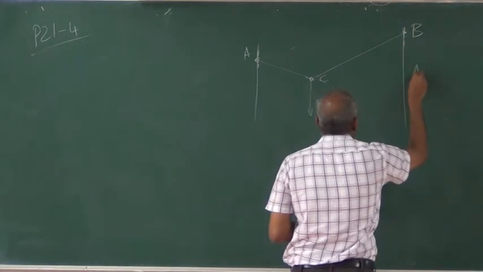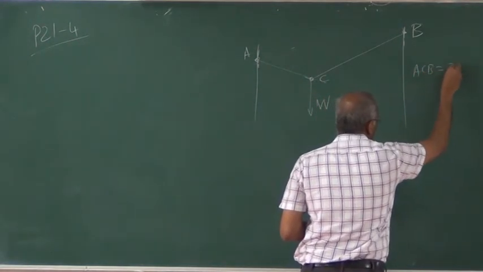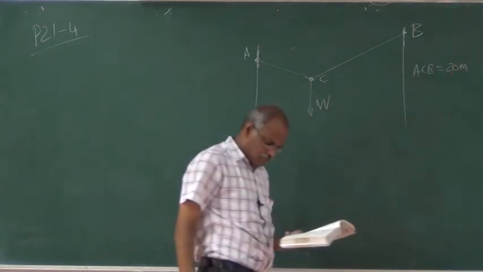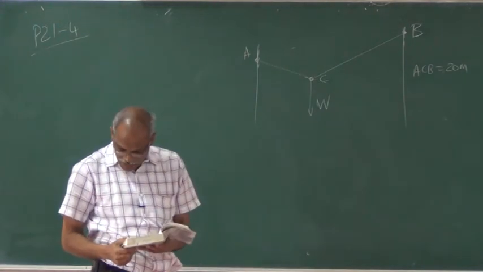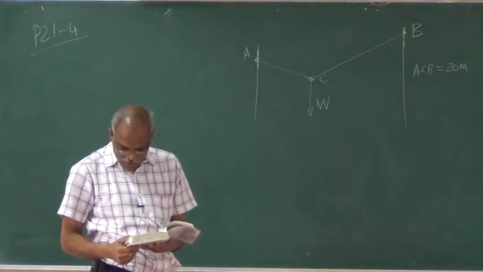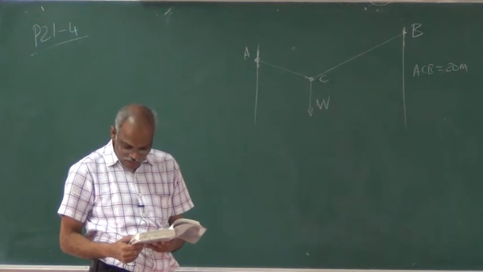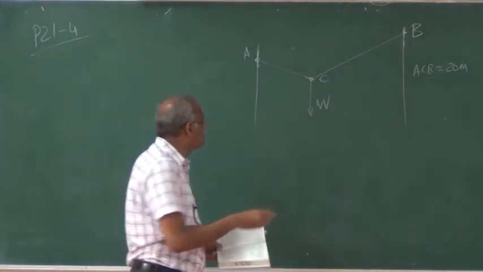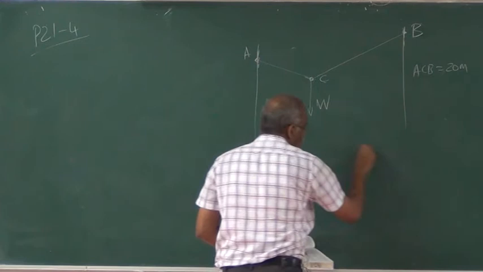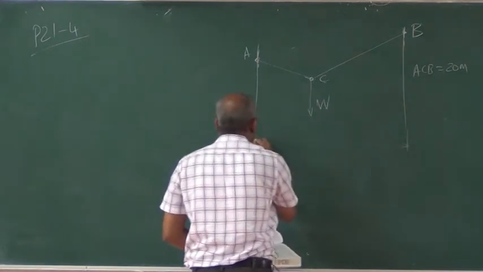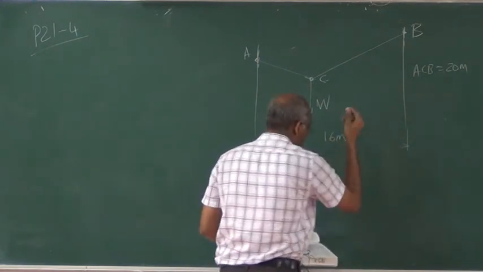So the length of ACB is 20 meters long, is attached at points A and B to the vertical walls, which are 16 feet apart. So this is the vertical wall. The distance between the two walls is given as 16 meter.